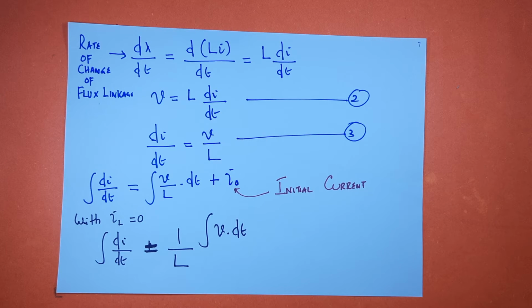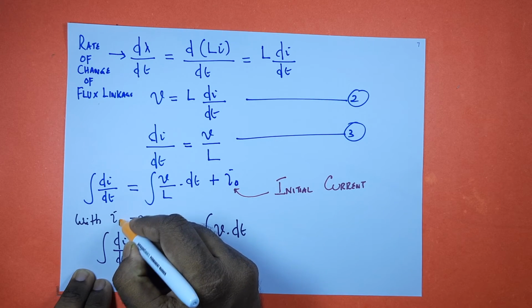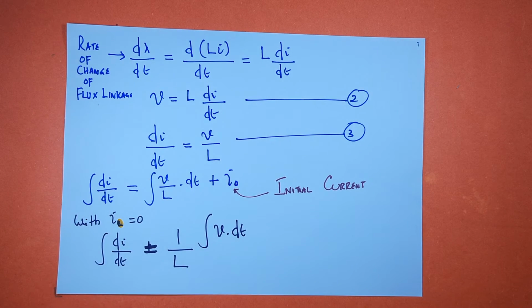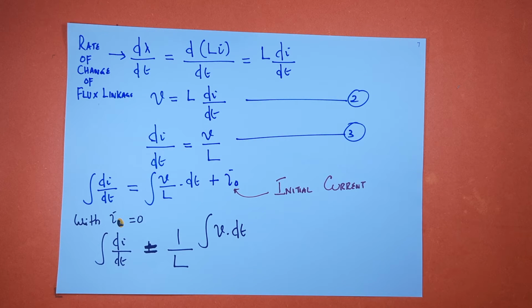If the initial current is assumed to be 0, then because L is a constant, you can take it outside. So you get integral di by dt equals 1 by L integral v dt.